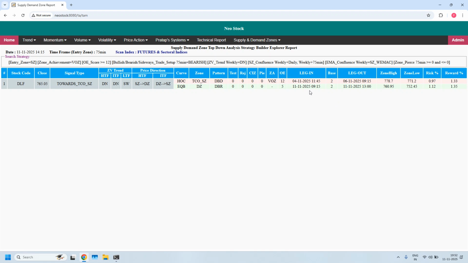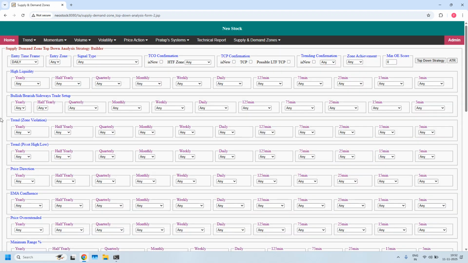Next, I will generate daily income trade reports. For daily income trade, the entry time frame is 15 minutes. For the sideways long trade setup, entry zone demand zone, there is a bullish, bearish or sideways trade setup at 15 minutes. I am selecting sideways long.